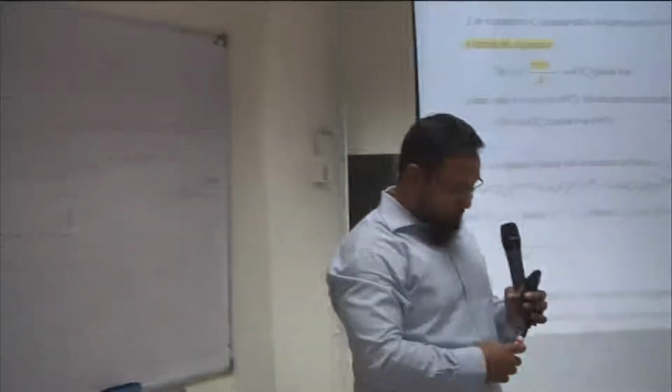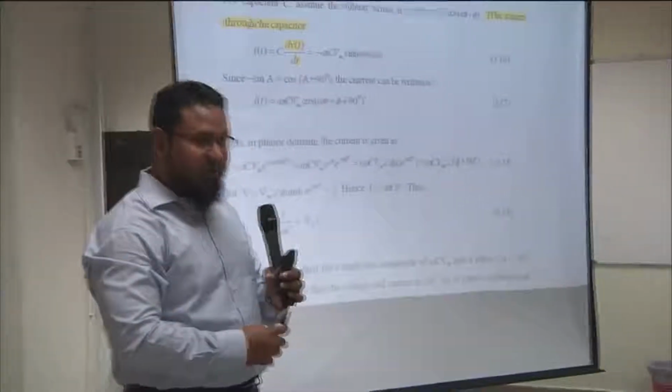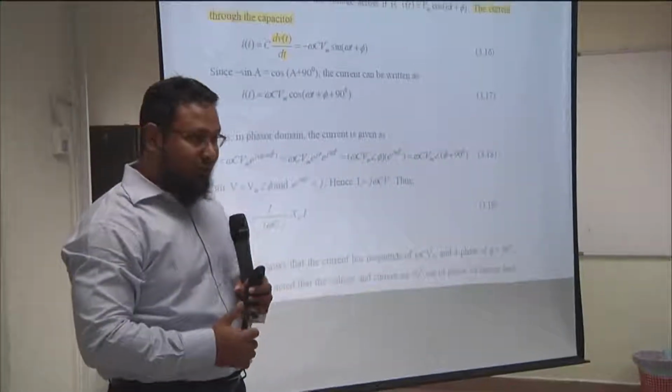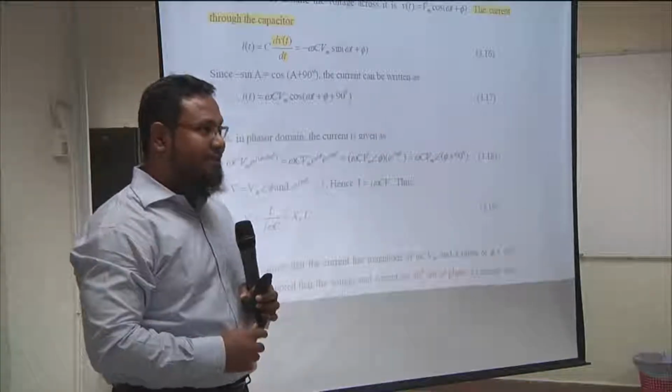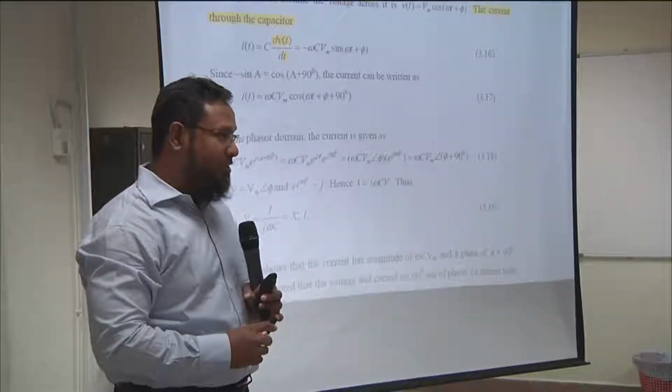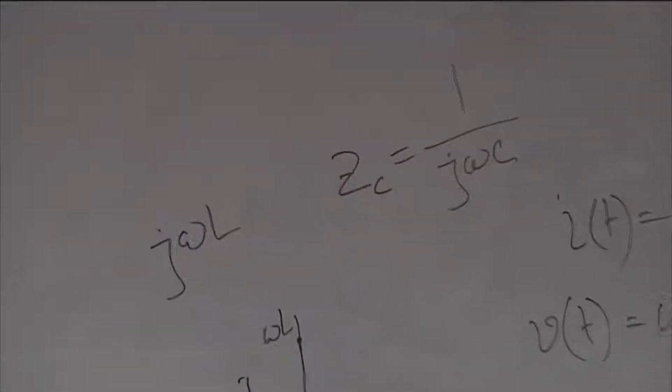So the impedance because of a capacitor is what? 1 over j omega C. And the impedance due to an inductor? J omega L. Perfect.